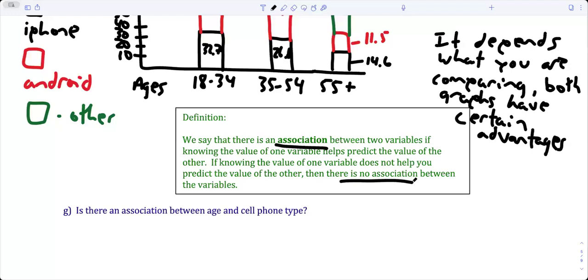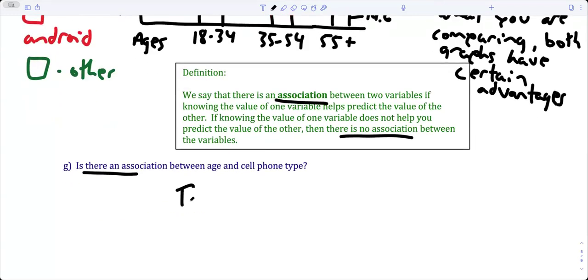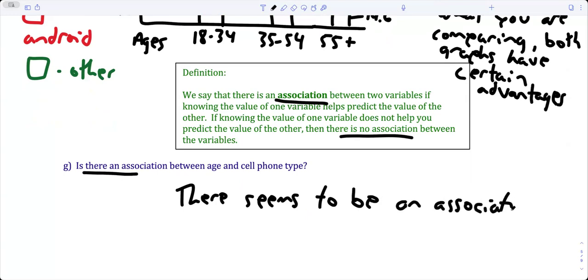So based on the graphs, can we say that there is an association between age and cell phone type? Probably so, I would say. I would say there seems to be an association.